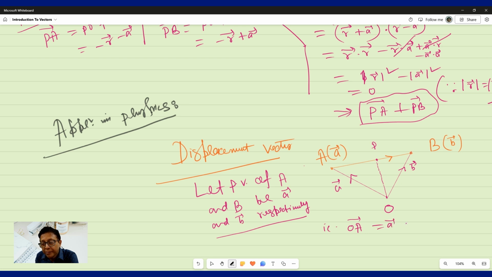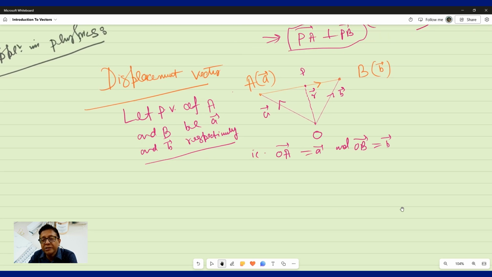OA equal to A and OB equal to B. This P is an arbitrary point on the line. Role of P, I'll tell you. First, let us write any vector in terms of position vector.